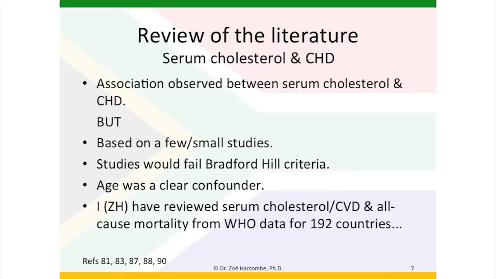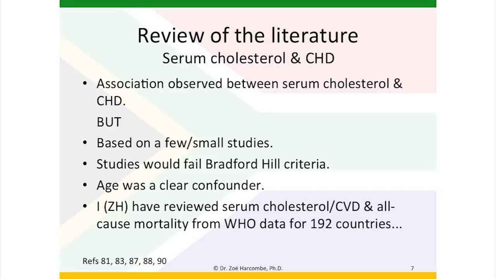We now look at blood cholesterol and coronary heart disease, and an association was observed between blood cholesterol levels and coronary heart disease. However, it was based on a very small number of small studies. All of the studies would fail the Bradford Hill criteria, and age was a clear confounder.